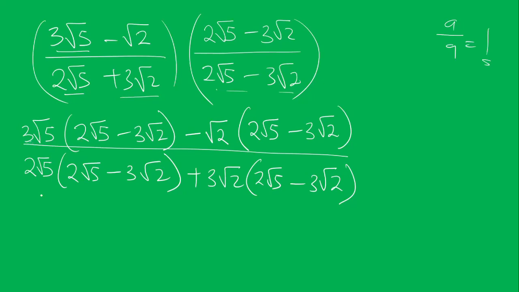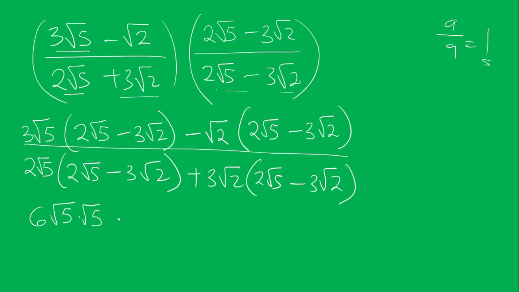So 3 times 2 will give you 6. Root 5 times root 5 will give you 5. But let's not jump the gun so that people will understand. So this is root 5 times root 5, let me just write it that way.